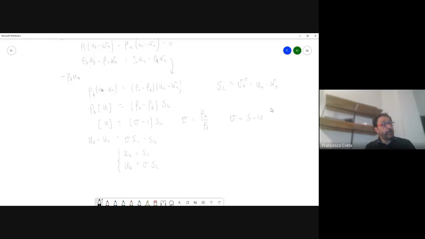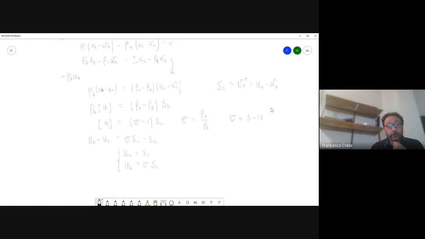So there's an acceleration downstream of the premix flame, which is essentially 5 to 10 times, sigma times the value of the unburnt velocity.